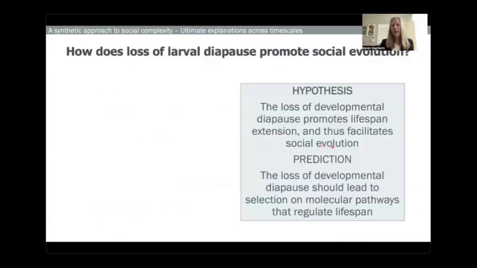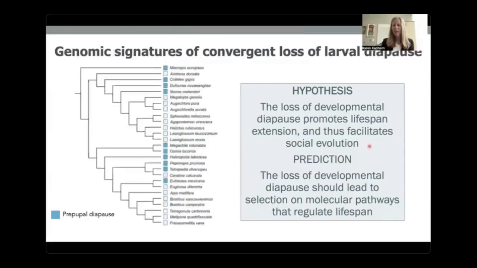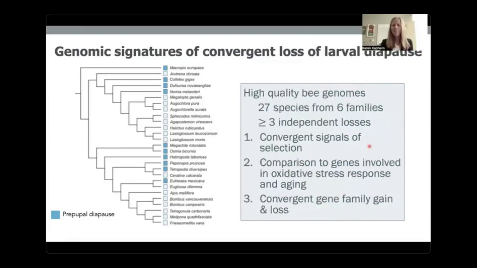Okay, so this led us to hypothesize that the loss of larval diapause promotes lifespan extension and thus facilitates social evolution. And we used a comparative genomics approach to test this, with the prediction that we should see signatures of selection on molecular pathways that regulate lifespan and other life history traits.